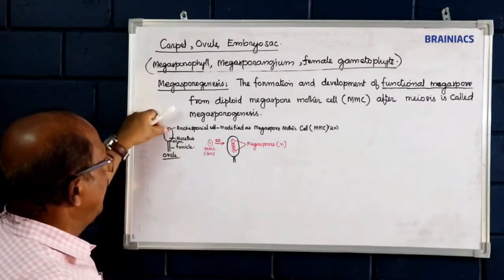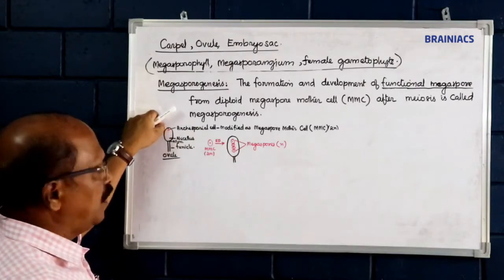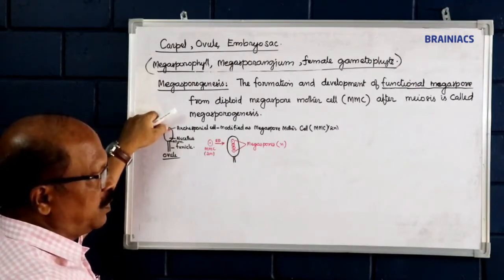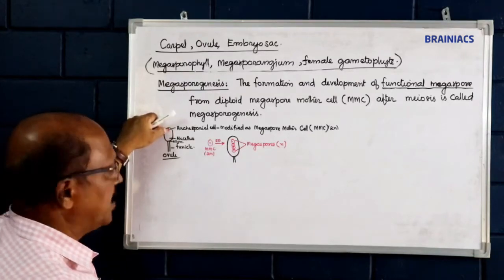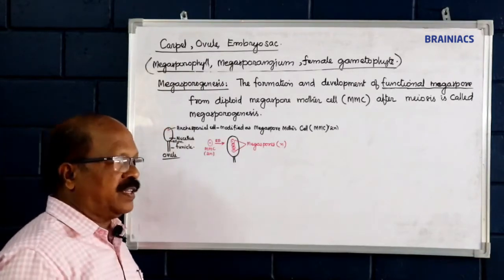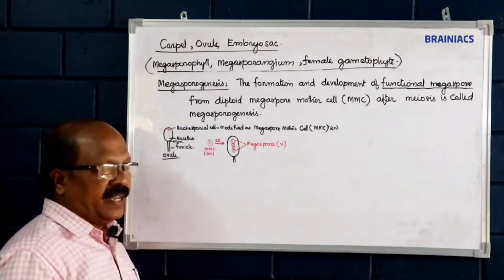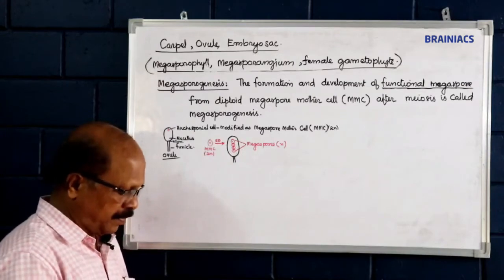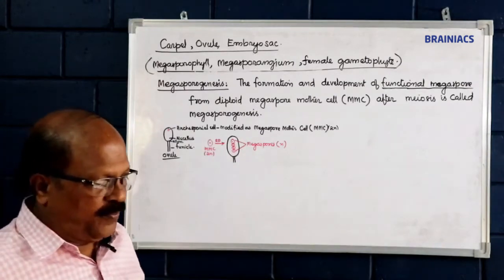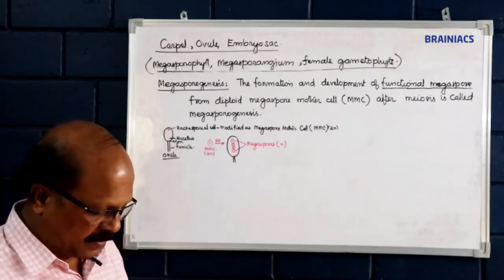So at the free end of the ovule, especially at the nucellus, a cell becomes prominent, which is called the archisporial cell, that is later modified as the megaspore mother cell.